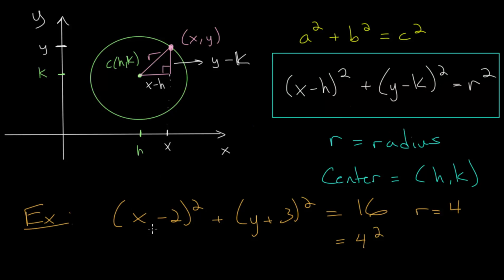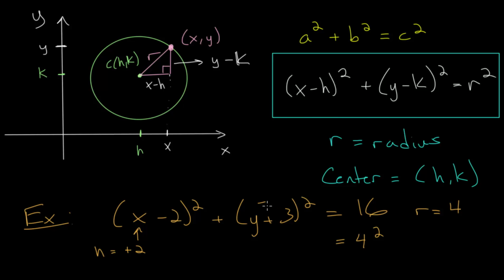So one way to think about it is the x value of the center is the x value that makes this expression 0. So it looks to be positive 2 in this case. Or another way to think about it is that you're subtracting h. And in this case, you're subtracting 2, so that means that h is positive 2. Now, for the y values, you are subtracting k, but in this case, you're actually adding 3.